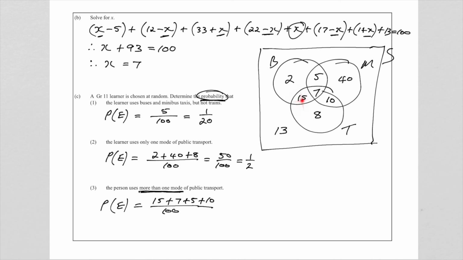So it is now the 15 plus 7 plus 5 plus 10. And when we add those, we will get to 37 over 100.